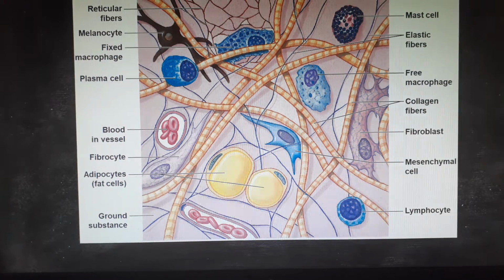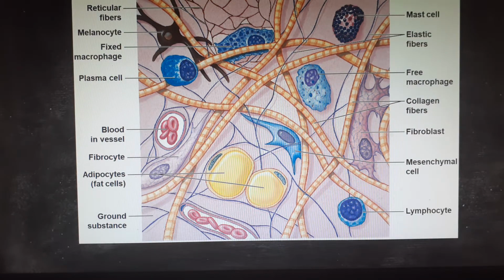So this is a cartoon. There is no tissue that exactly looks like this, because we have a lot of stuff going on here. But this is to show you that the very largest fiber type is the collagen fiber, followed by the elastin fibers, and then this webby stuff up here are the reticular fibers. And these are some of the cells. Mast cells are an immune cell, a white blood cell that helps fight infection.